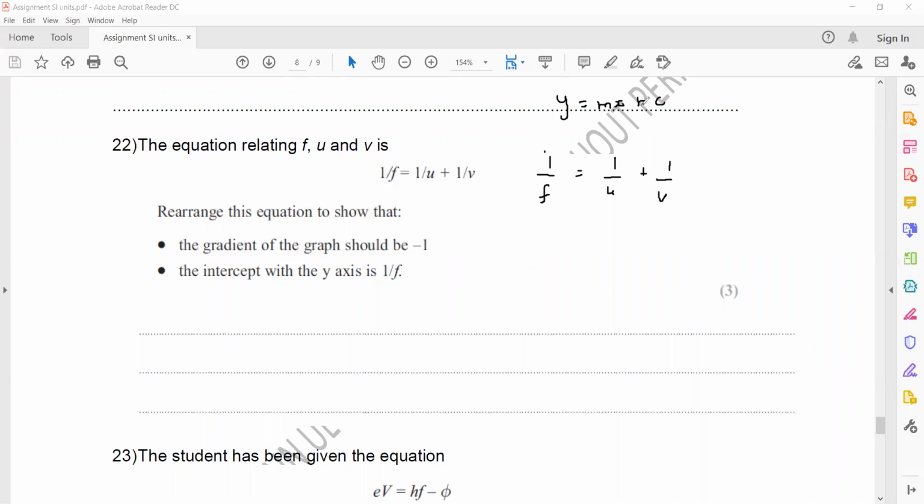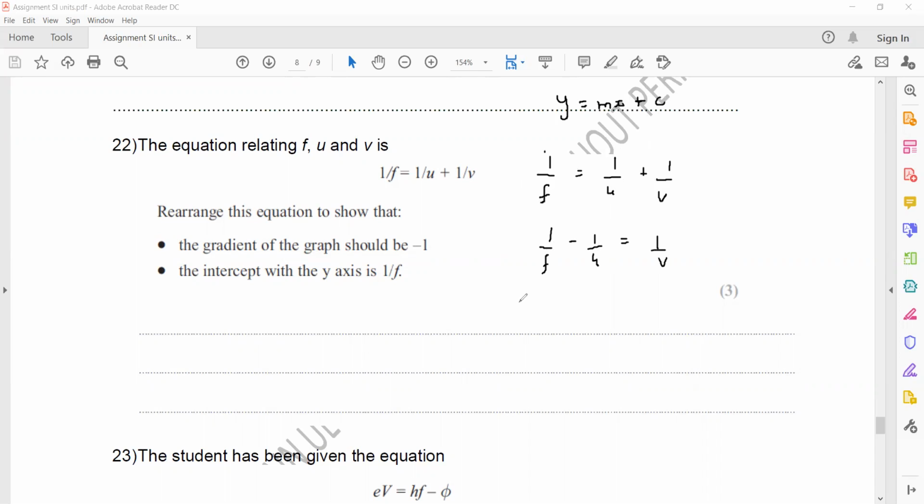So what we need on the y-axis, on the y-intercept, should be separate from the sum with the other quantity. So if I move 1 over U to the other side, I can say 1 over F minus 1 over U is equal to 1 over V.